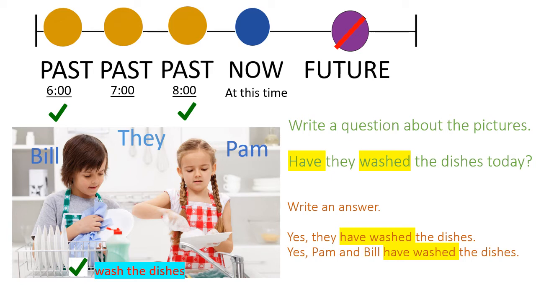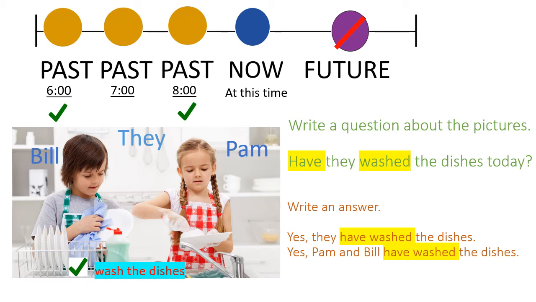So when we write the question, we can say have they, okay, because we put have and they together always. Have they washed the dishes today?